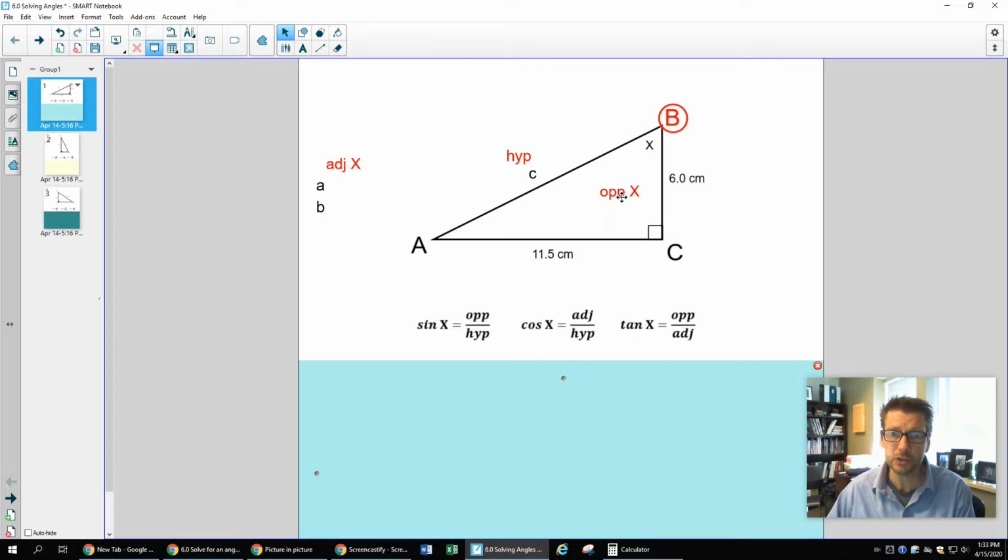Opposite, so the projector screen is shining on 11.5. So opposite of angle B or angle x is 11.5. And because there's only 3 sides to a triangle, once you know hypotenuse and opposite, we know then that the adjacent to angle x is 6.